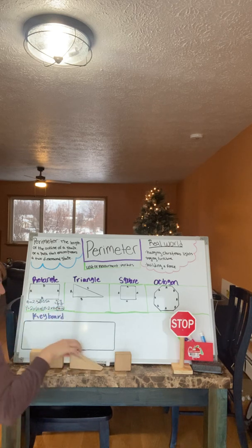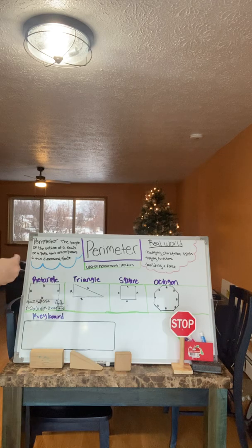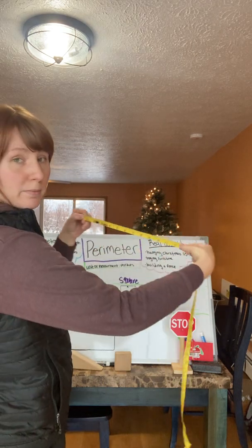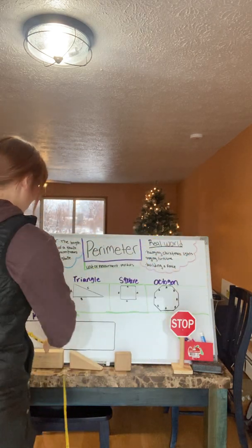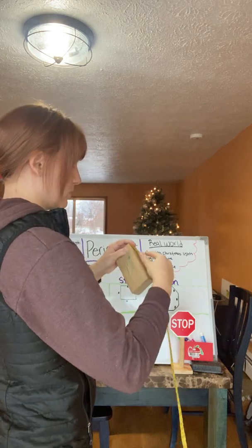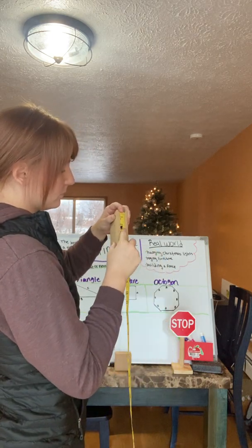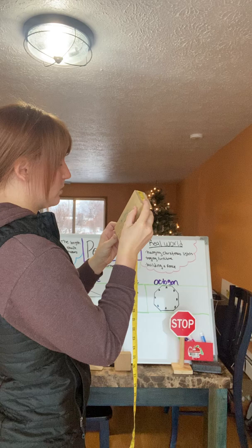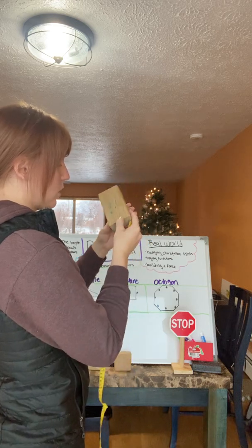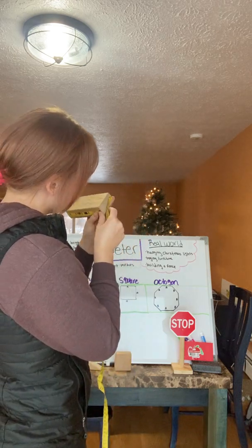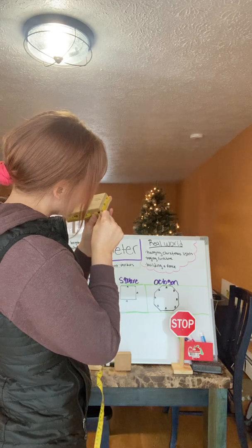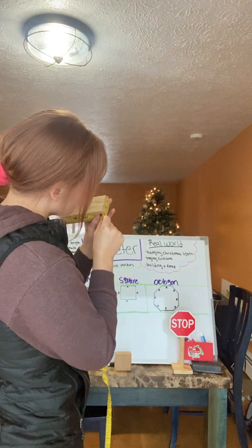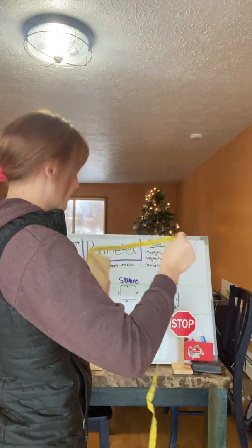And let's check this out real quick. Since my ruler or tape measure is quite flexible, we are going to start right here. We're going to wrap our ruler around our shape. Let's make sure this is right, and it ends at 16.